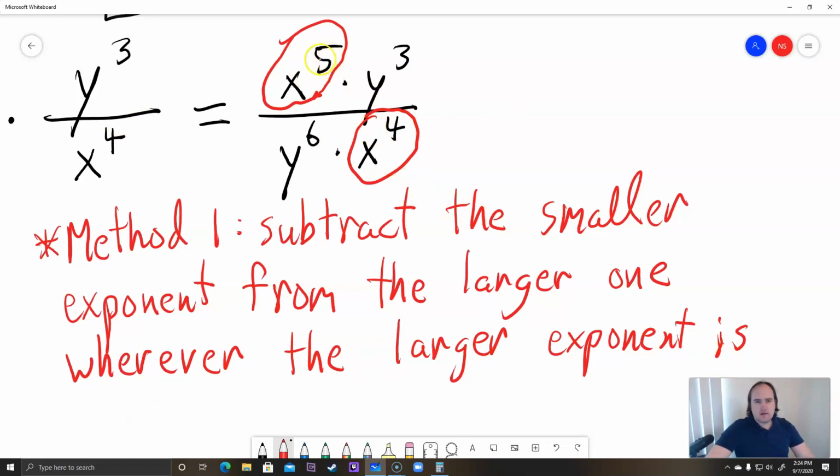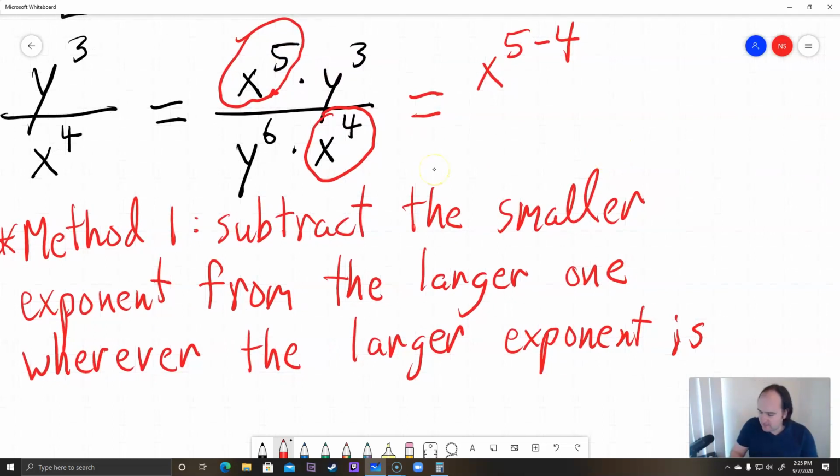The larger exponent is on the top, so on the top we're going to have x to the 5 minus 4. We're subtracting the exponents, and doing that wherever the larger one was, so the larger exponent was in the numerator, and that's why we have x to the 5 minus 4 in the numerator.